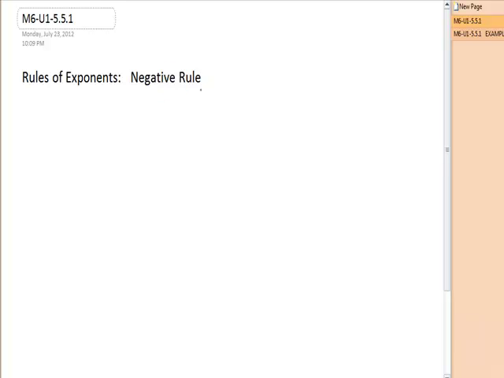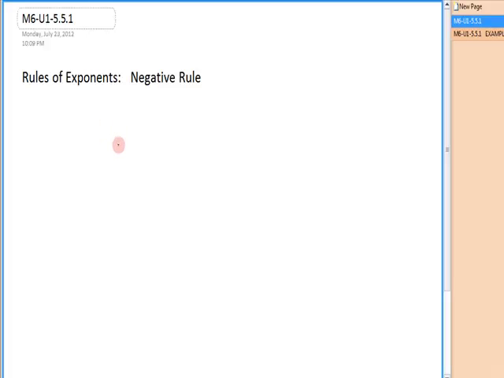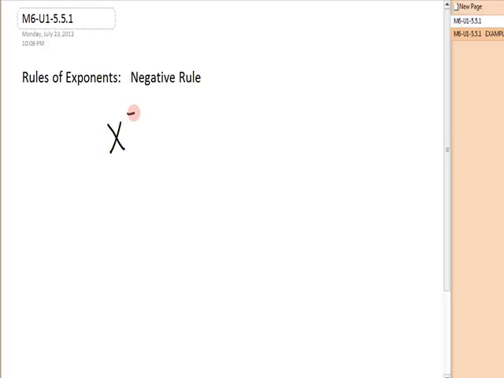It's called the negative rule, or the negative exponent rule. This one actually sounds a little odd because what it says is if you have a base to a negative power, it does not affect the sign. What it affects is the position of the base. X to the negative a is 1 over x to the positive a.